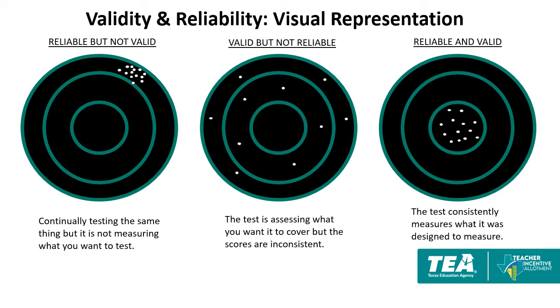An investigation would need to be completed to determine the root cause of the assessment being valid but not reliable. Our goal is to have both a valid and reliable assessment for the students to take. Using the third image on the dartboard, we can see that valid and reliable assessments meet the mark of quality. All components of a successful system depend on validity and reliability.